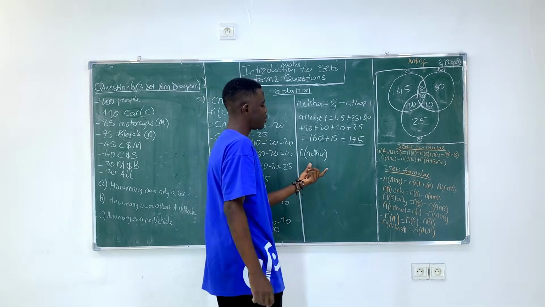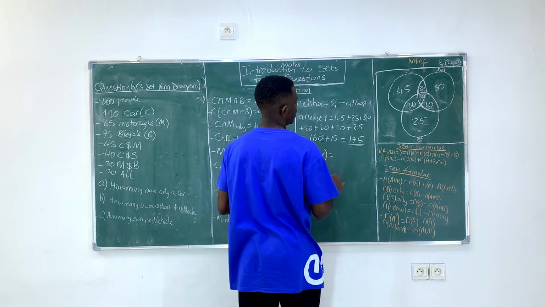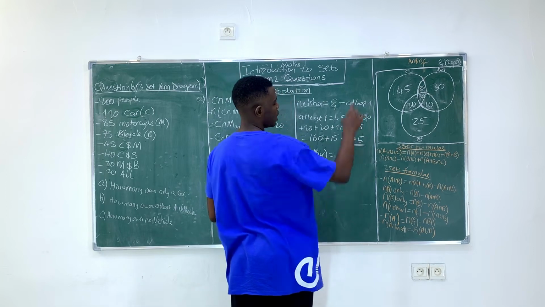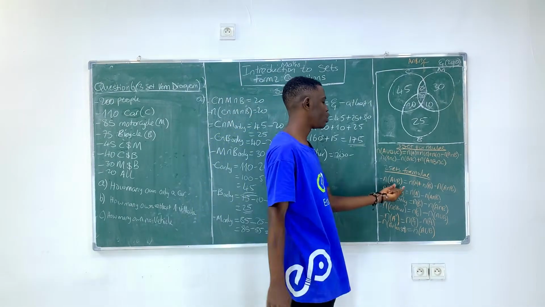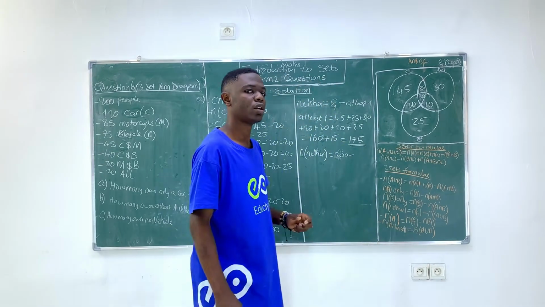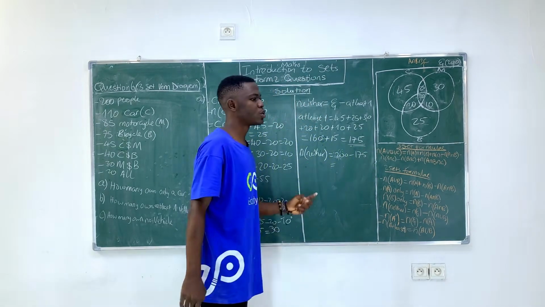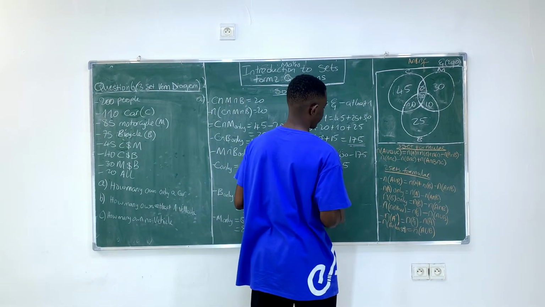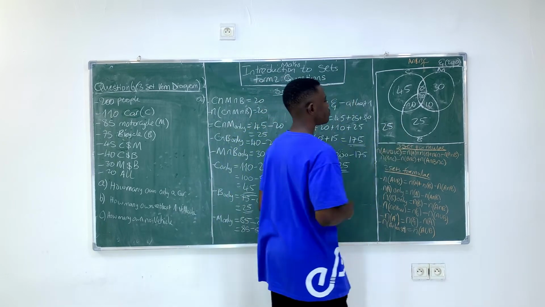It would be preferable to write it this way: n of neither is equal to n of the universal set, 200, minus the at least one, which is C union M union B, 175. So 200 minus 175 is 25. So I can put 25 outside, and we are done.